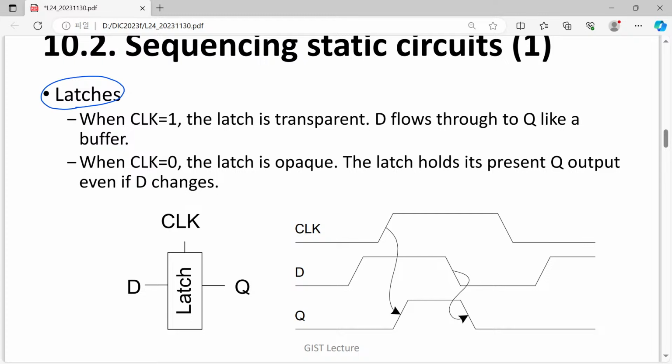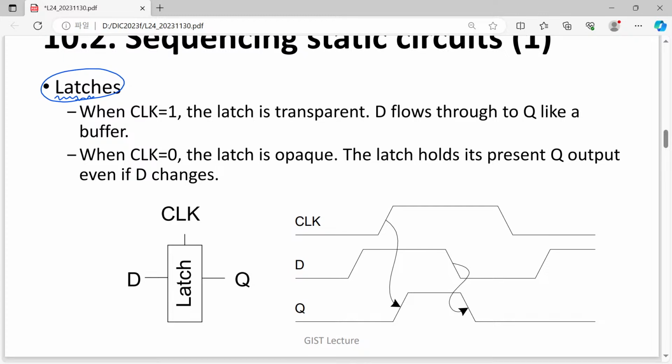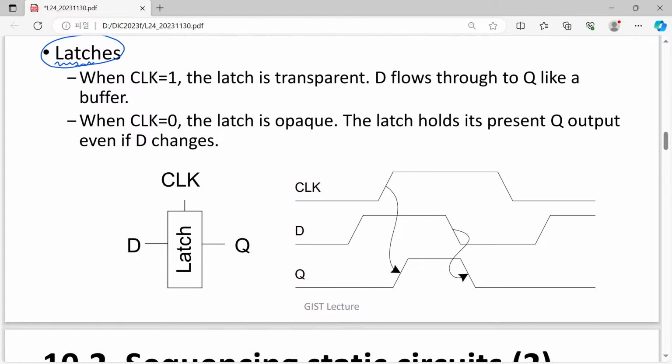Here we have something called a latch, and here is its schematic. Here we have D, data, and Q, the output. This is a typical way we write down input and output.